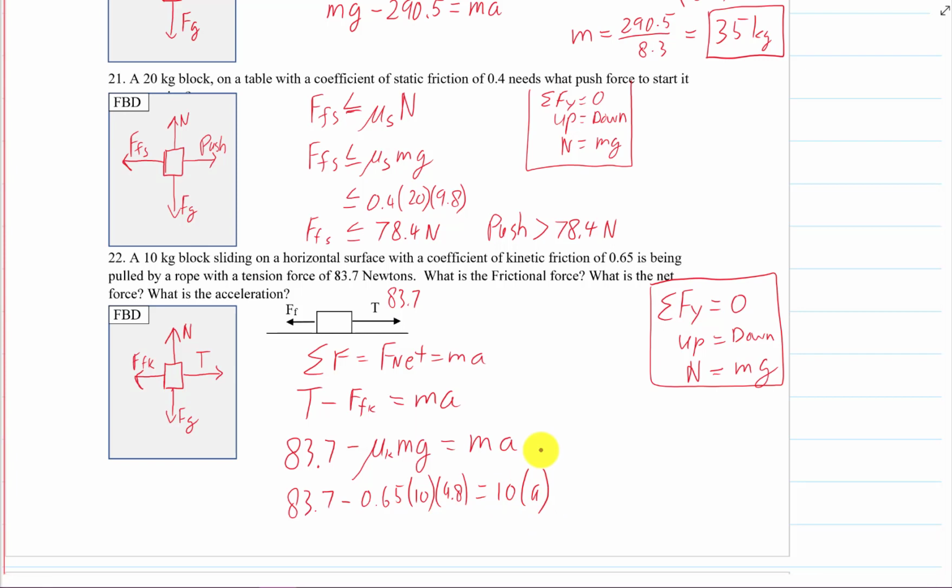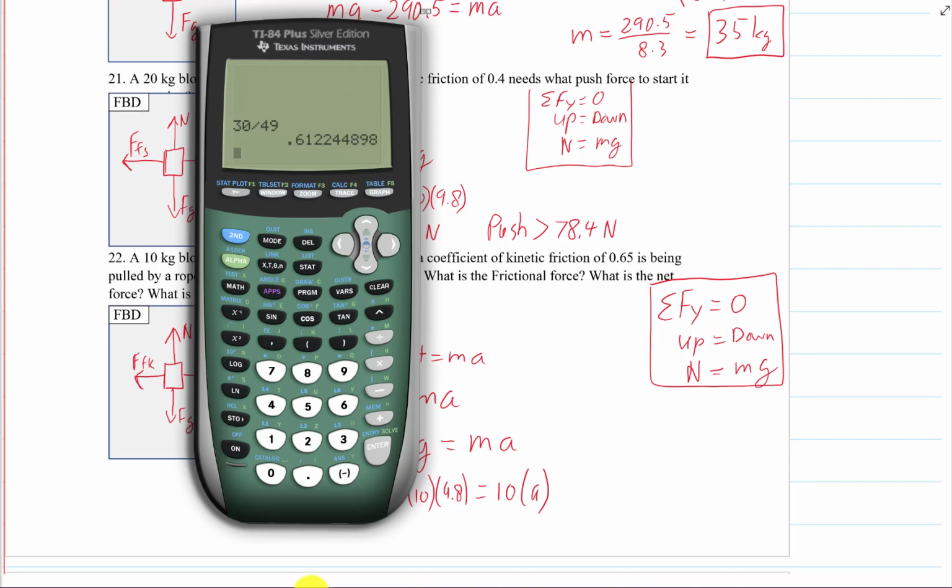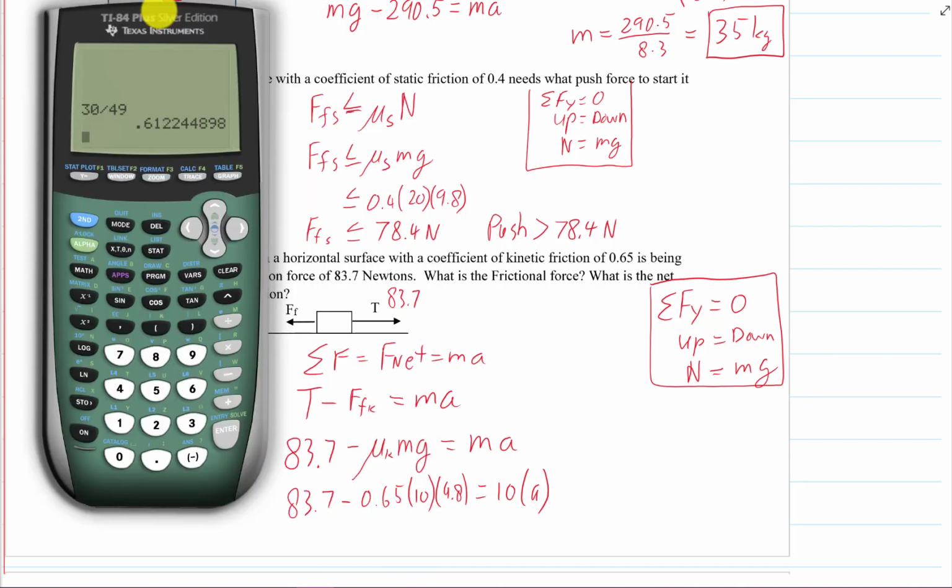Okay, so let's calculate these. Hello, Mr. Calculator. There we go. Let's calculate the frictional force. Let's clear that screen. 0.65 times 10 times 9.8.